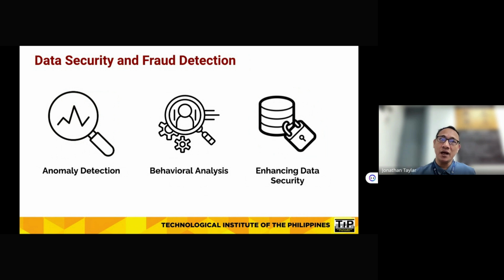Basically, behavioral analysis involves monitoring and analyzing patterns of behavior to identify suspicious or malicious activities. It focuses on understanding how users interact with systems, applications, or networks, and detecting deviations from the expected behavior.